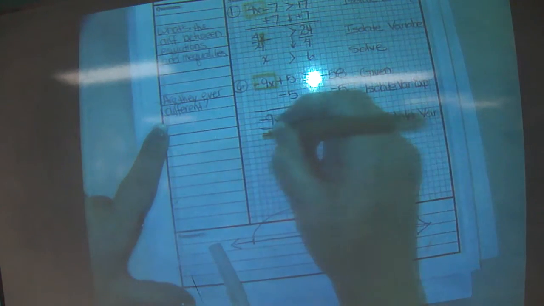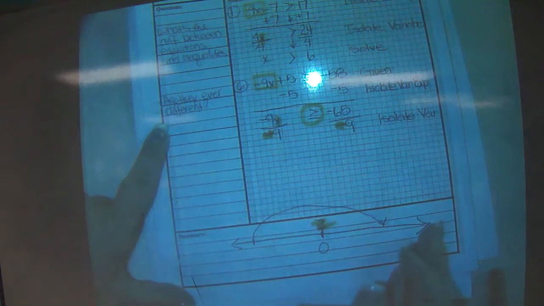So if you multiply or divide by a negative, you're going to have to bounce or create the mirror image of your inequality sign. So when we solve this, x, and then this becomes positive 7, we're going to have to take this inequality sign because we bounced across 0 and flip it.